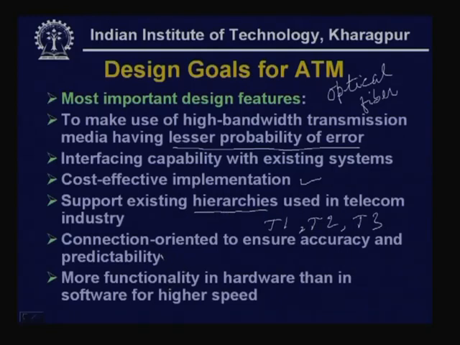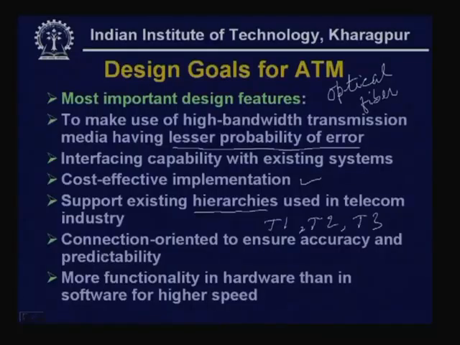And as we know, most of the circuits are circuit switched. For example, our public telephone system is circuit switched. On the other hand, the circuit switch network has a number of limitations. That is why it is essential to have a packet switch network. However, it should be connection oriented.